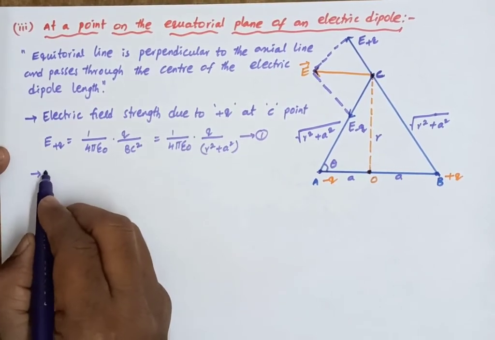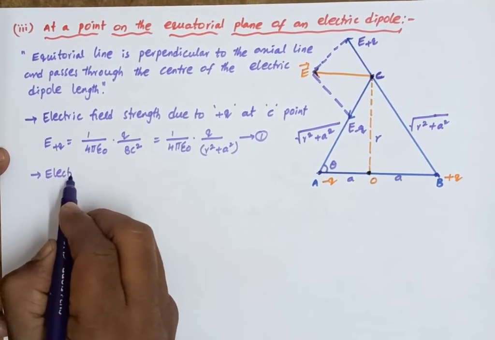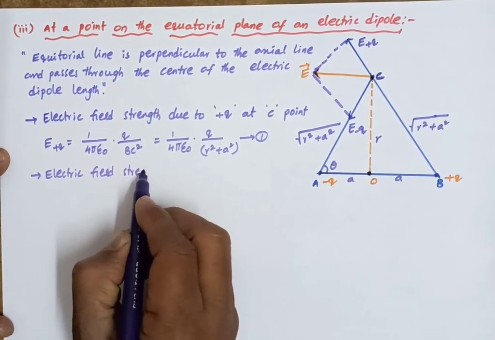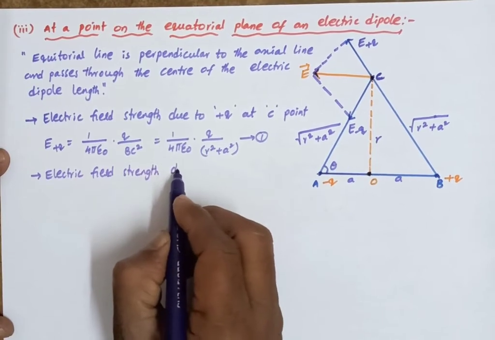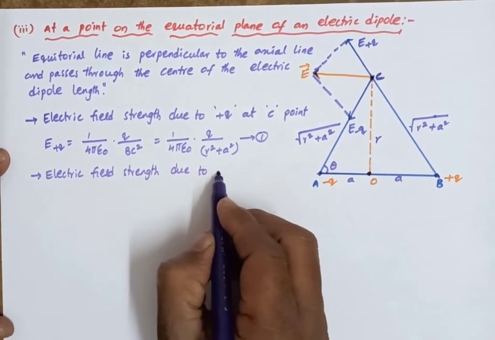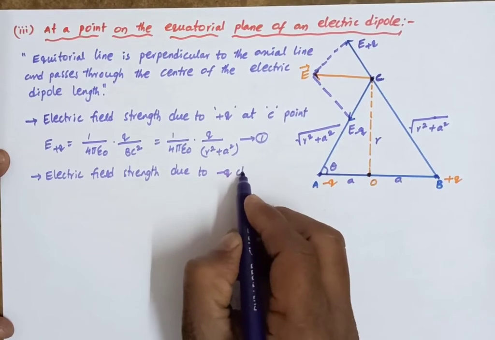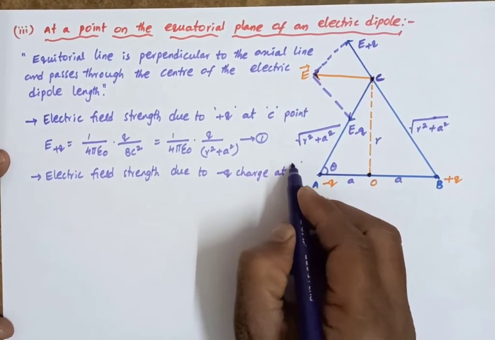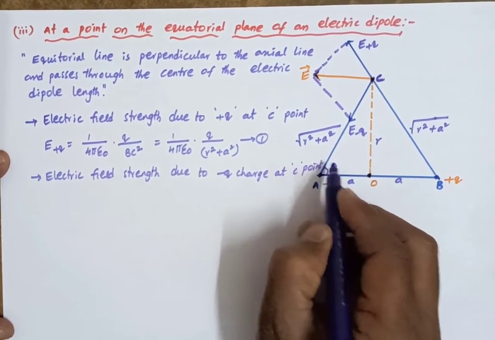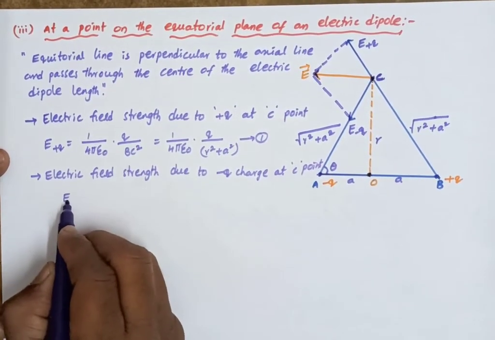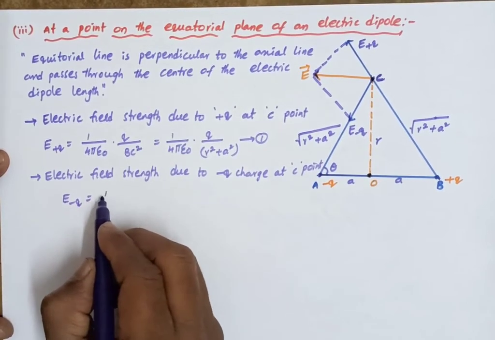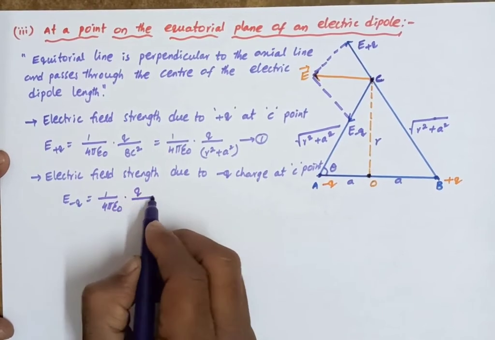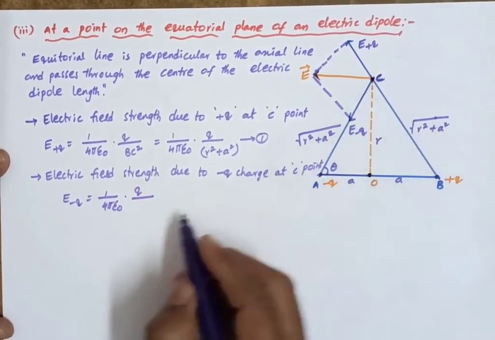Next, the electric field strength due to the negative charge at point C. E minus q equals 1 by 4 pi epsilon naught into q by AC square.